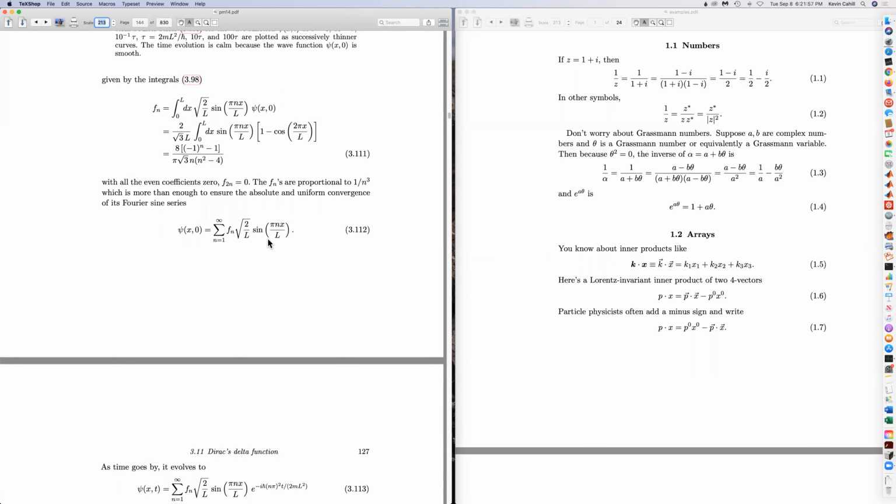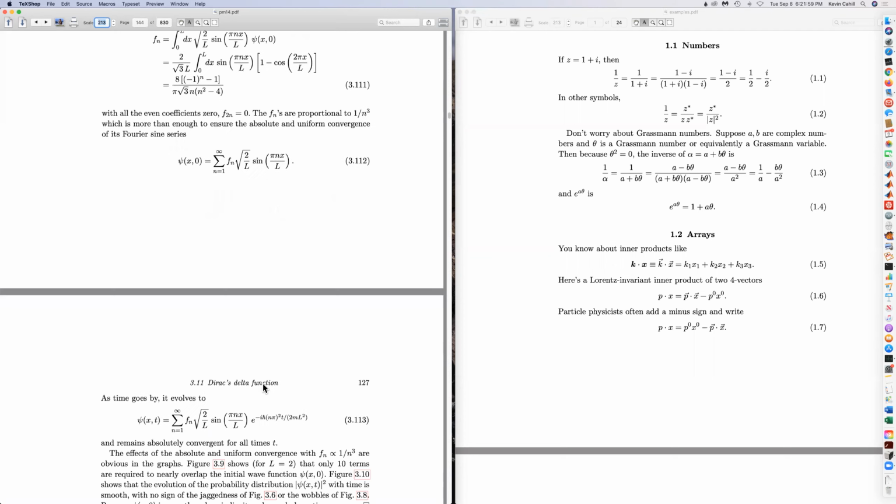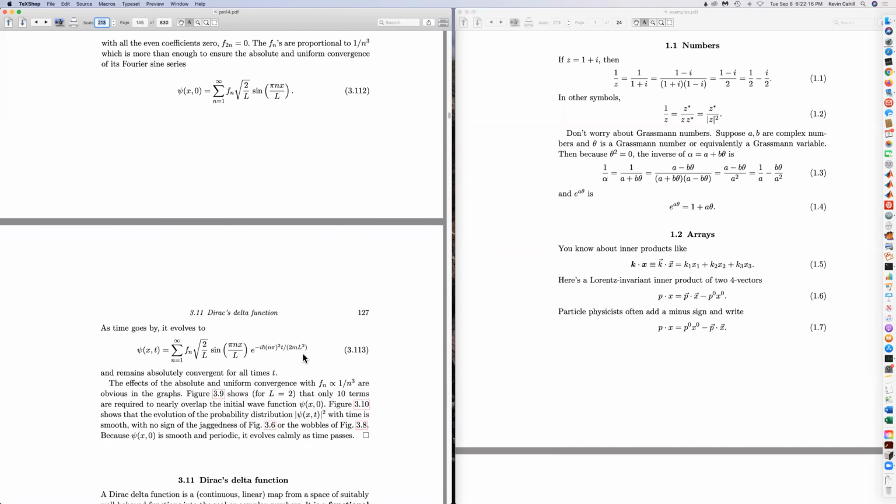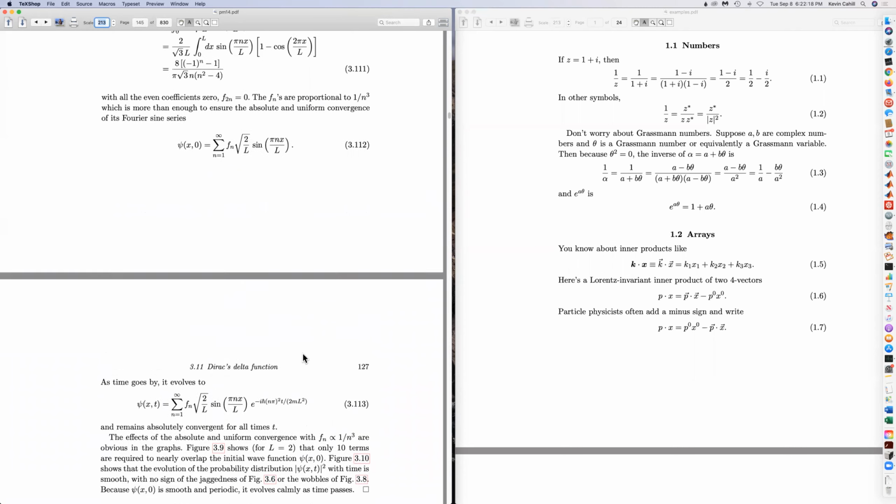And now each coefficient evolves according to e to the minus i E t over h bar. In fact, I think I'm missing a 1 over h bar here, so let me write that down. In any event, it's absolutely convergent for all times.